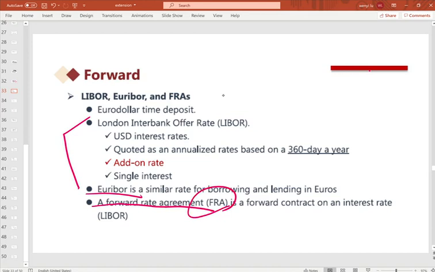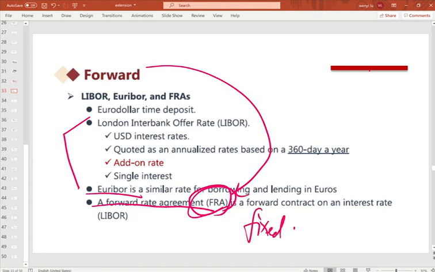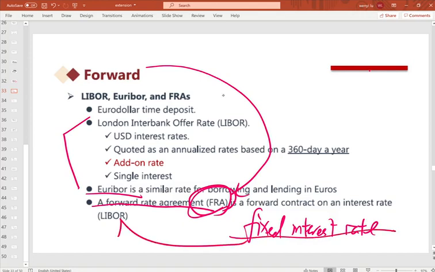In this agreement, we sign a forward contract to get a fixed interest rate in the future, and the benchmark rate refers to the LIBOR rate. This FRA contract will be our focus for these two chapters we will study.